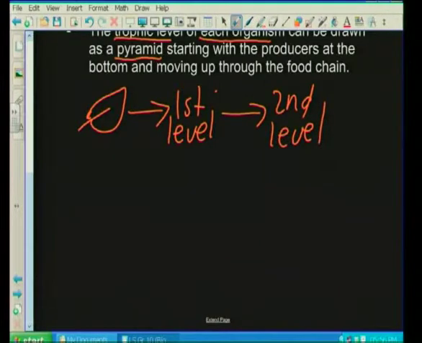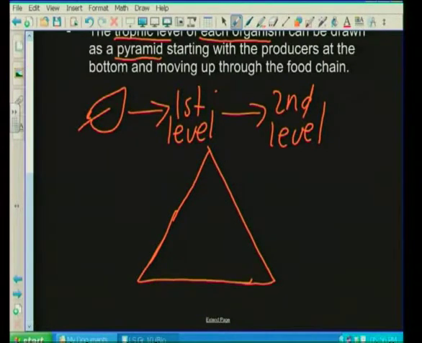Okay, so instead of writing it like a food chain there, I can put that into a pyramid formation like that. So I'm taking that chain and I'm just writing it now into a different format, which is a pyramid formation. So at the bottom we'll have the producers. So I'm going to put my little leaf there. That is the first level of consumers. All right.